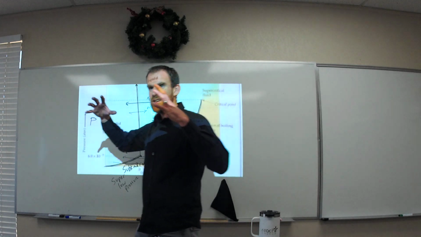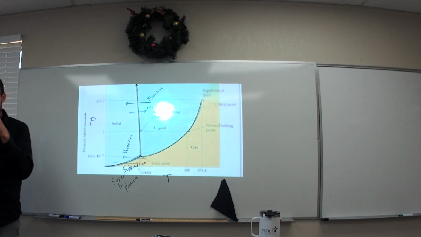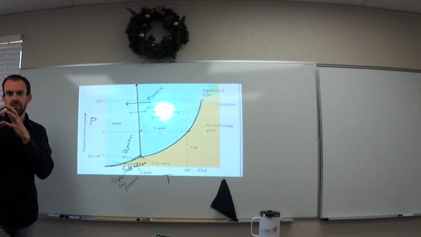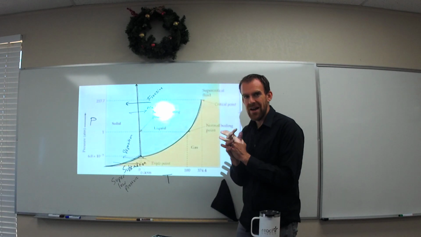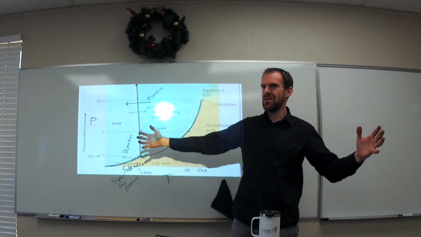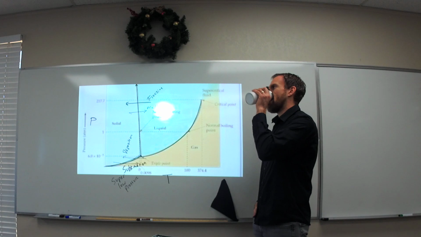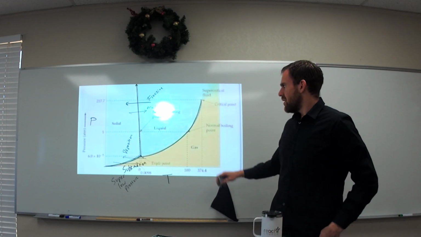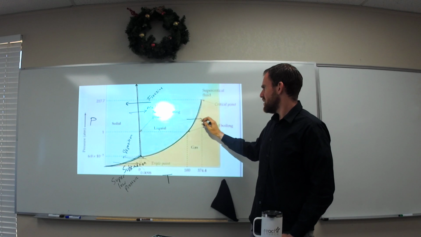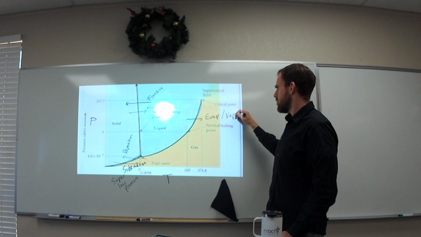Because if you are pushing down on something, then the volume is lower, probably in a liquid form, right? The more you push on it, the more it's going to want to be a liquid. But as you decrease the pressure, it has more room to expand. It will become a gas. So that's that line. This line is your evaporation or vaporization.